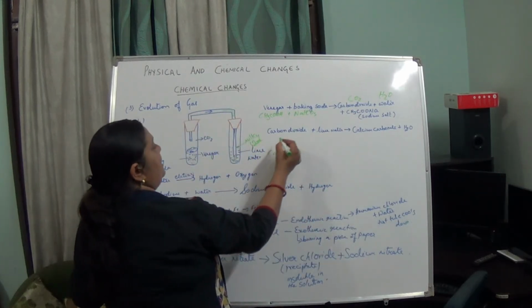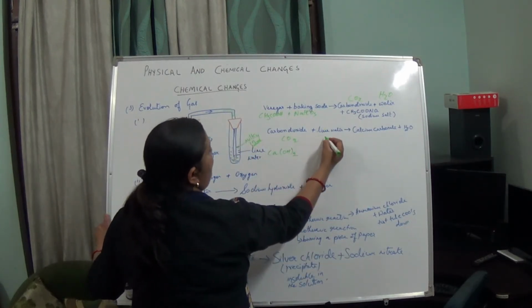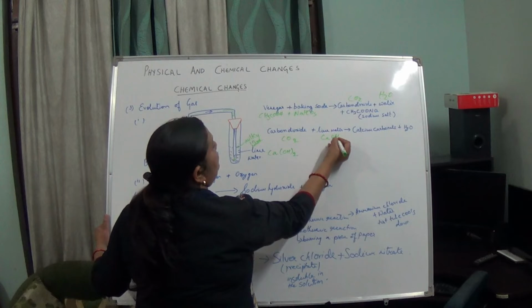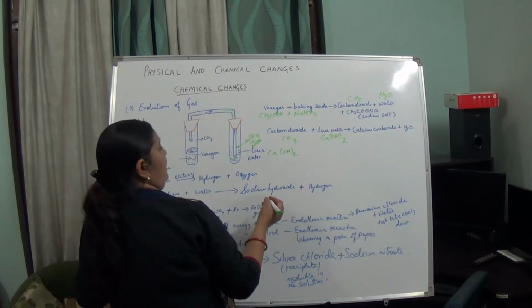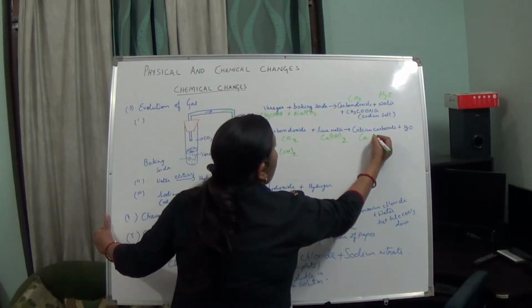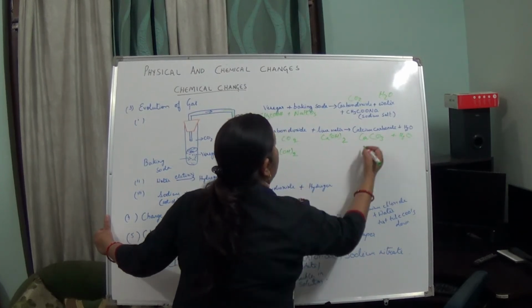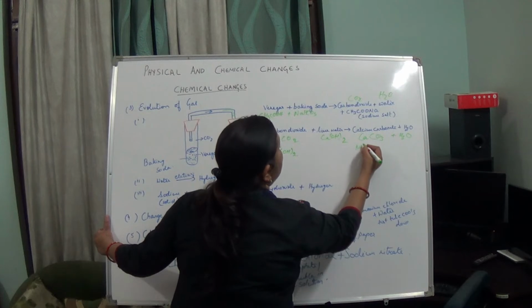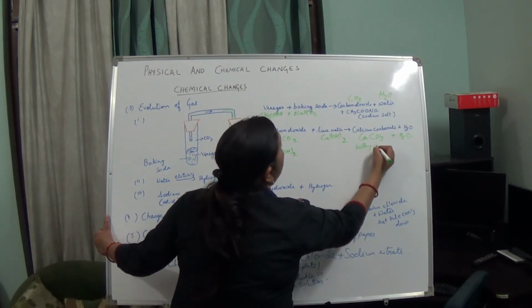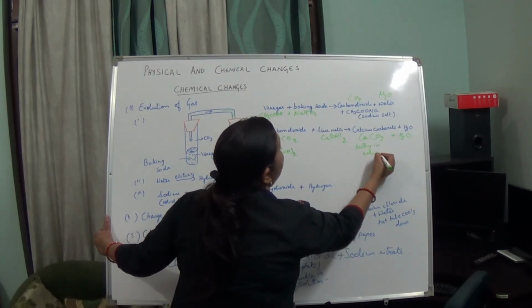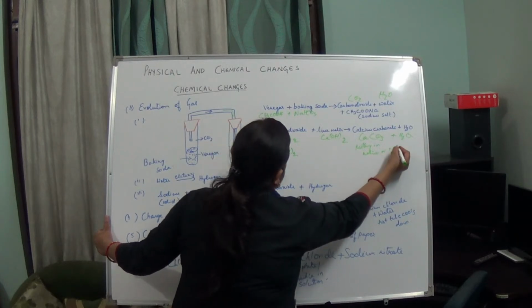This carbon dioxide which has been released is passed through the lime water, and it forms calcium carbonate plus water, and this calcium carbonate is milky in nature, or milky in color.